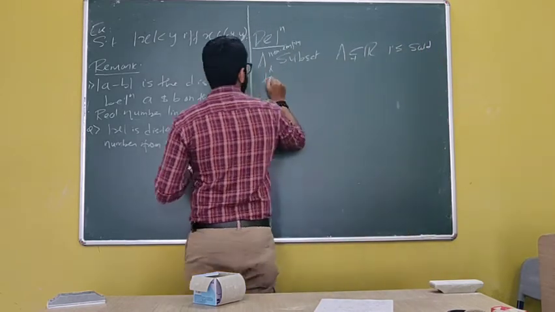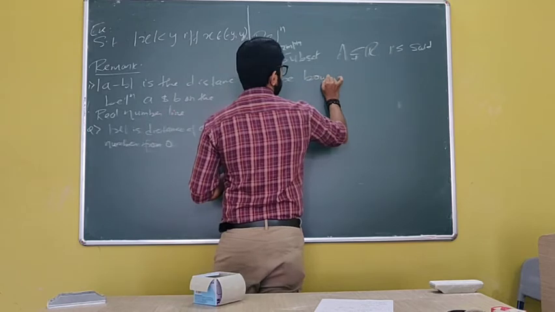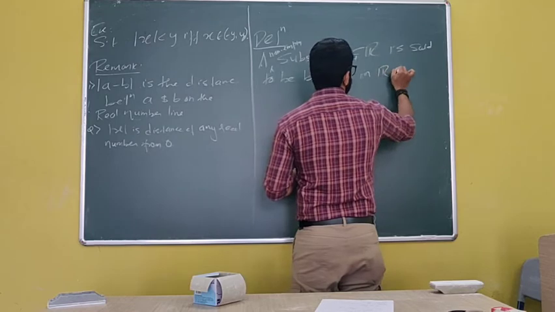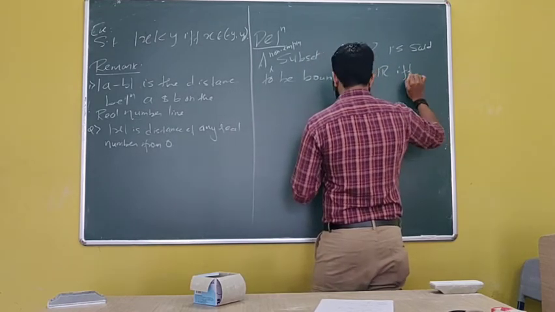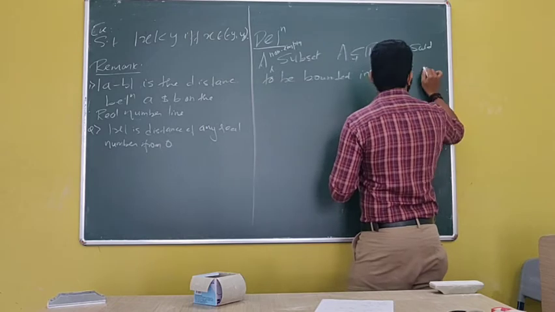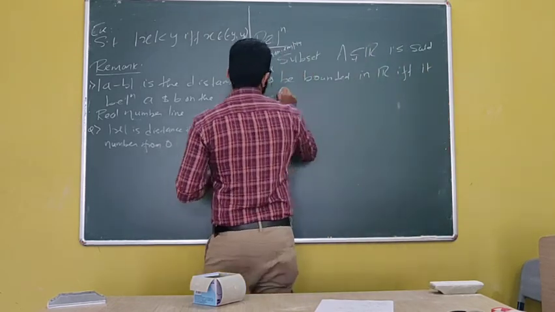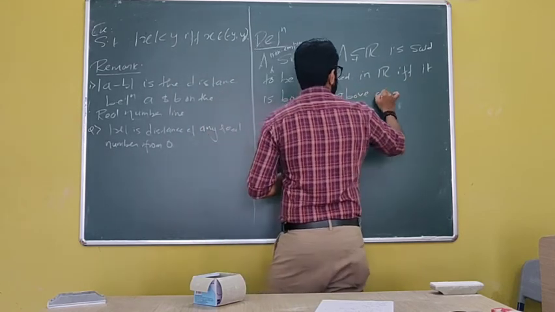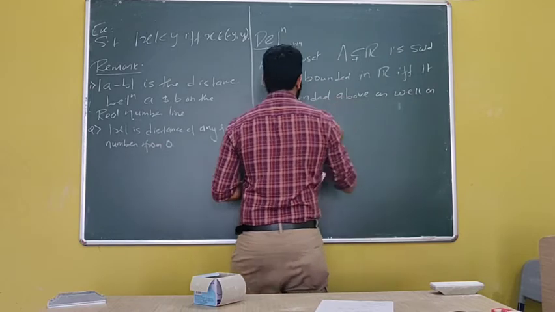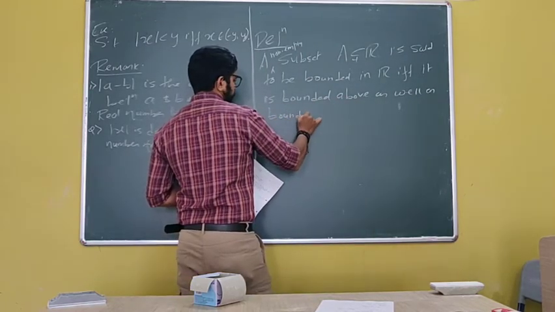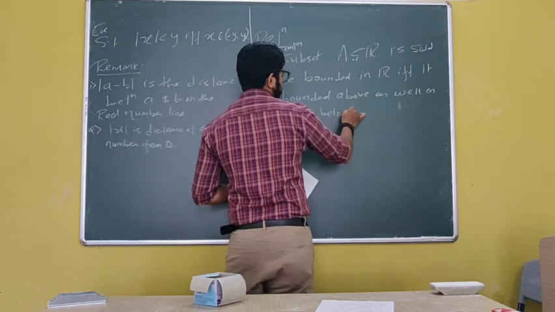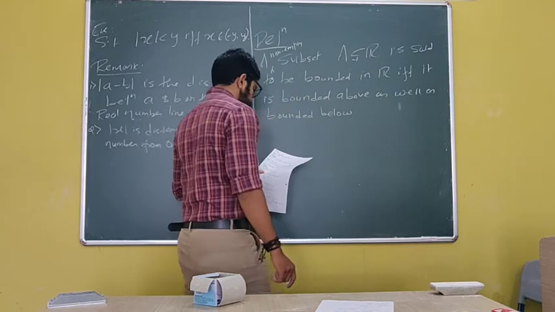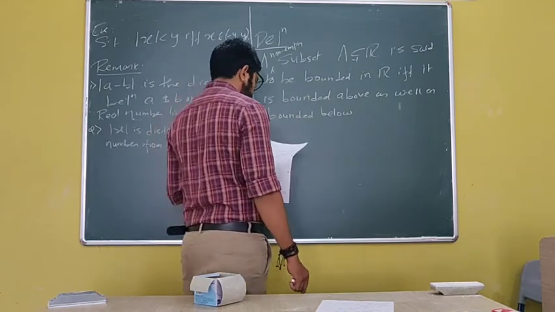A non-empty subset A of R is said to be bounded in R if and only if it is bounded above as well as bounded below. Right? So any subset which is bounded above as well as bounded below will be termed a bounded set.